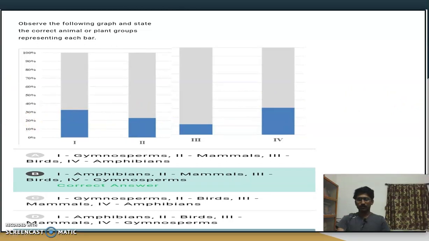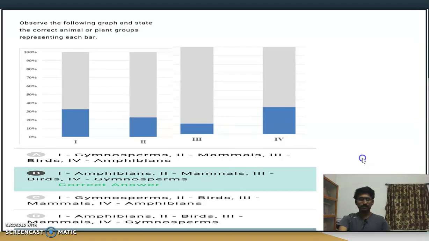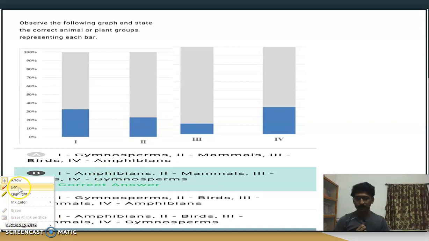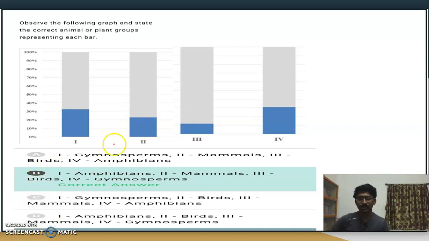Different animals or plants are given, with their extinction percentage, which you have to analyze.